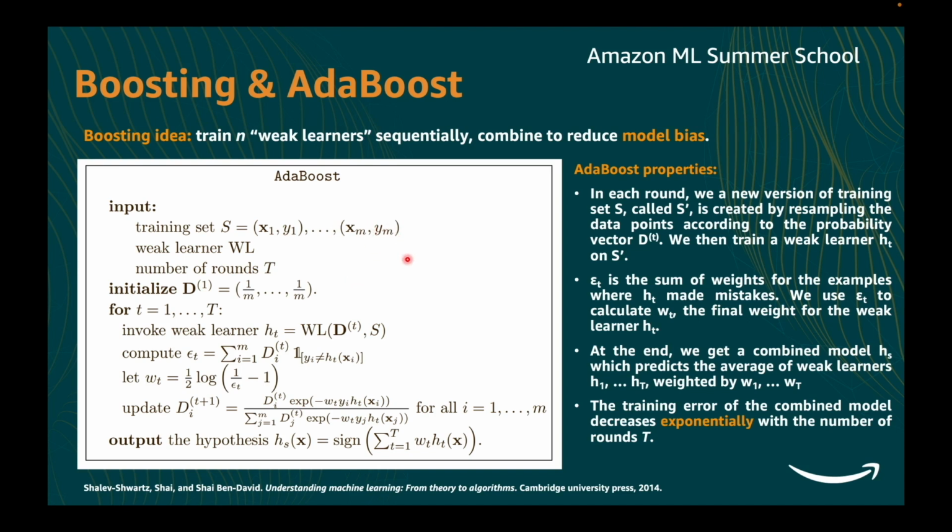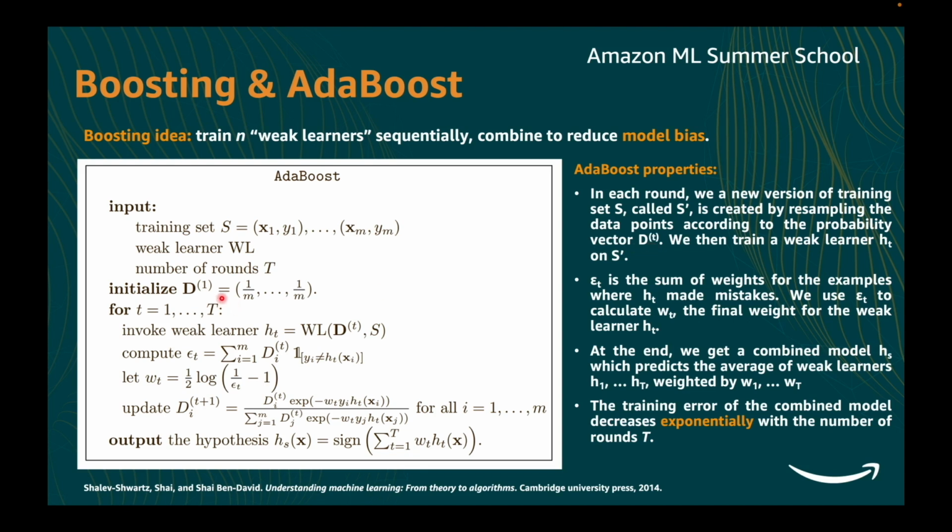So you have a vector where you have an equal probability at the start for each data point, and then in each iteration of AdaBoost, you create a new weak learning model. The procedure to create this model is over here. Basically, you create a new version of the training data by resampling the data points in your original training data based on this probability vector D_t, right?